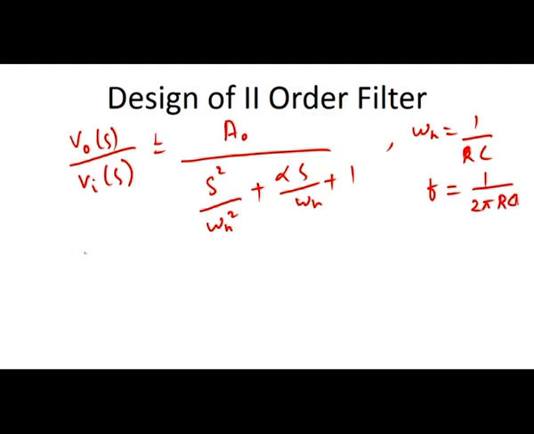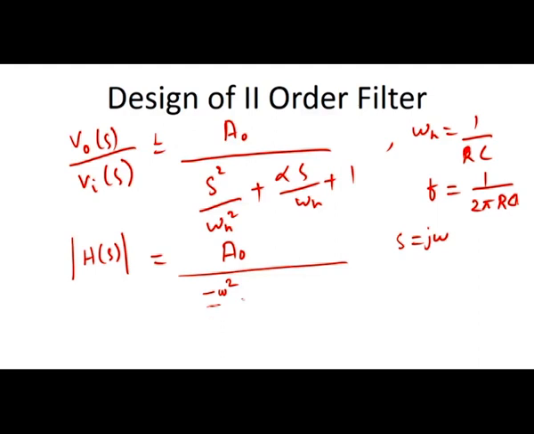If you take the magnitude or the mod value of this transfer function, we know you have to substitute s is equal to j omega, then only you will have the real term as well as the imaginary term. So here s square is j square omega square, and j square is minus 1.